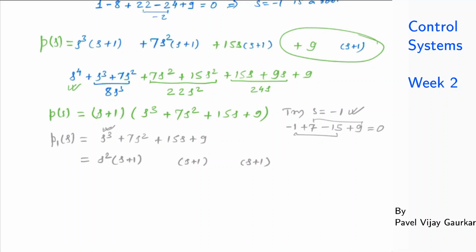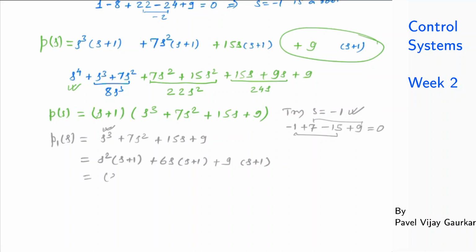We need 7 of them, so we can multiply the second term by 6s. So 6s into s would be 6s square, making that 7s square, and we will be left with some 6s. We need to make it 15, so if we multiply the last term by 9, this should work out. So 9 plus 6 would be 15.